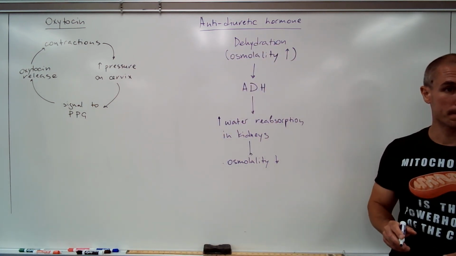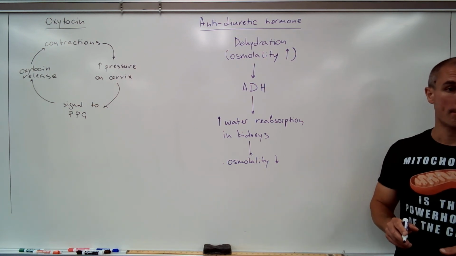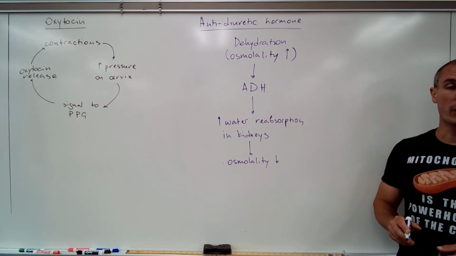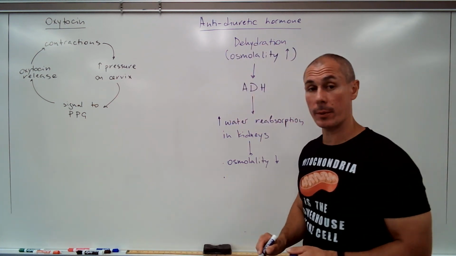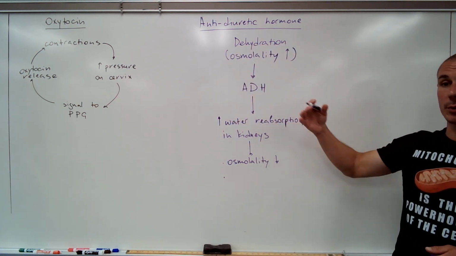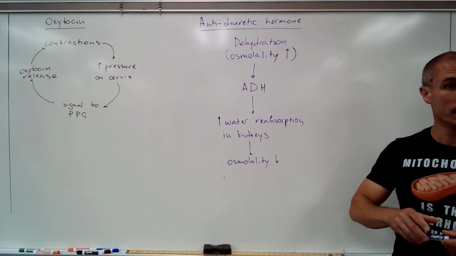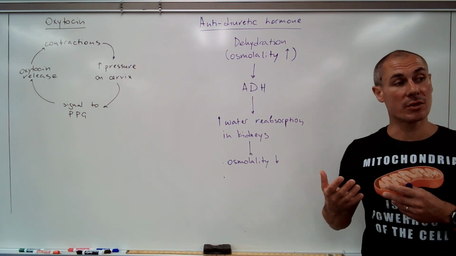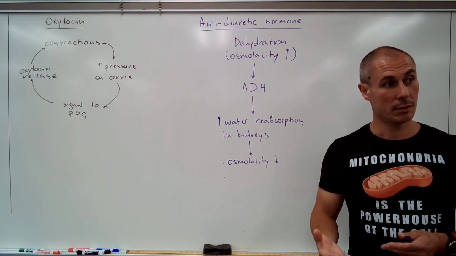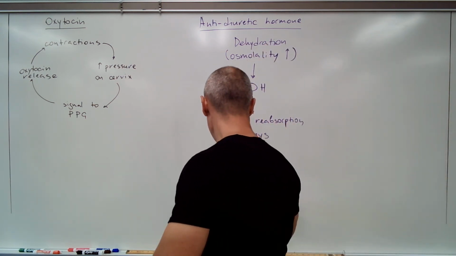Does that make sense? Okay. What happens to the urine volume? Remember, when we say reabsorption in kidneys, we're taking water from the urine and bringing it back into the blood. So what happens to the volume of urine? Decreases, yes.